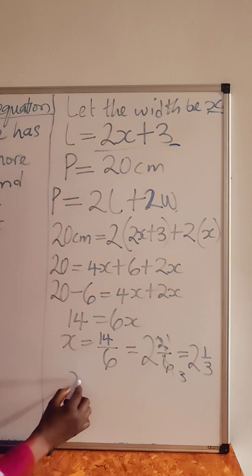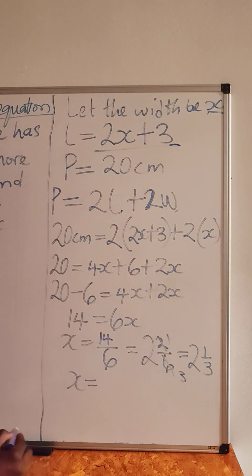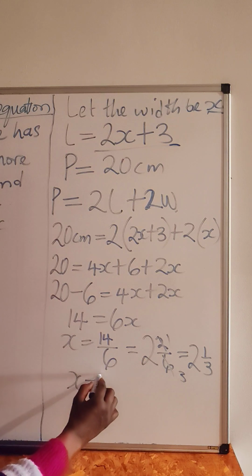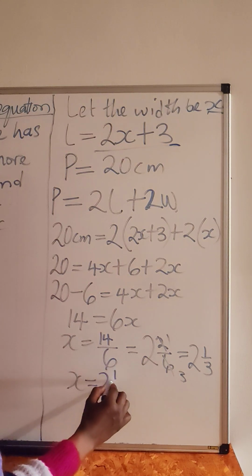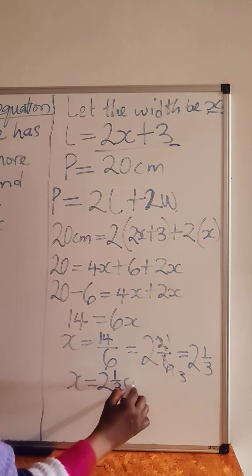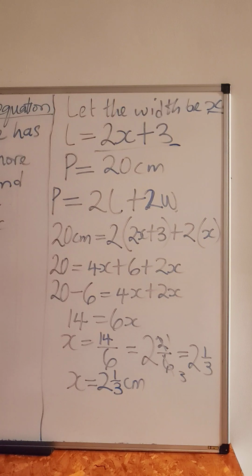So x, which is the width of the rectangle, is 2 whole number 1 divided by 3 centimeters.